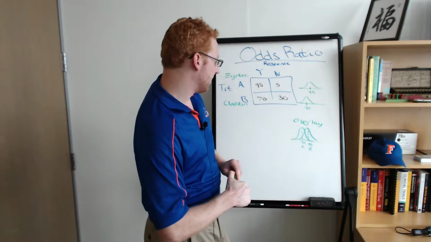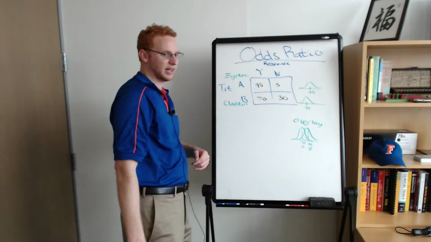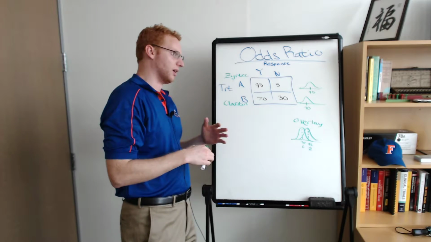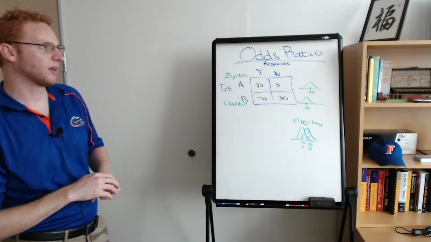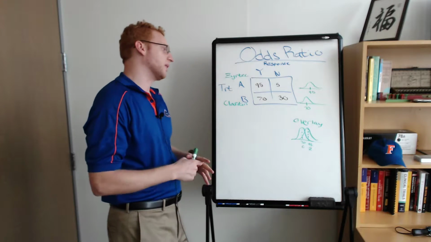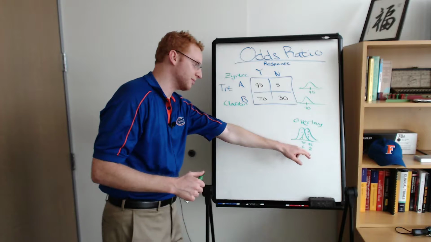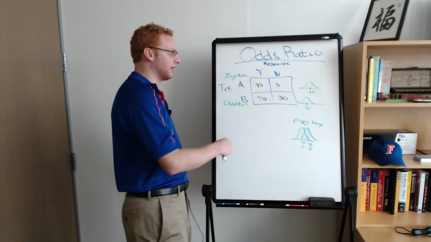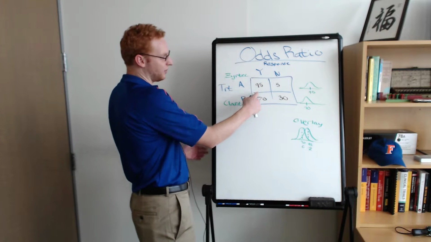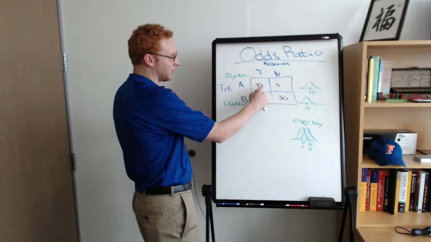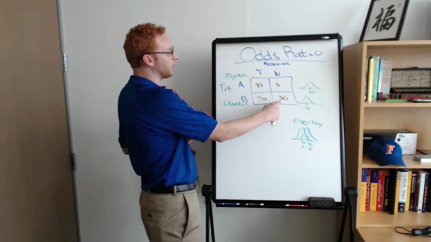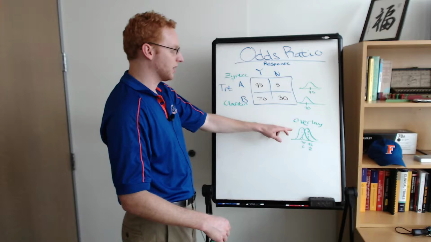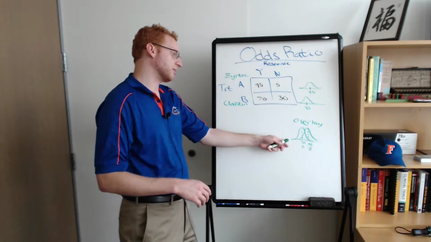The variance comes from the total amount of data, technically from the cell counts. Anyways, the more data you have, the less variance, and the stronger the evidence is that these two will be different, if they are in fact different. If you only had like 5 samples here, 1 here, 8 here, 3 here, you have very small cell counts and you're going to have very wide variance in the sampling distributions.